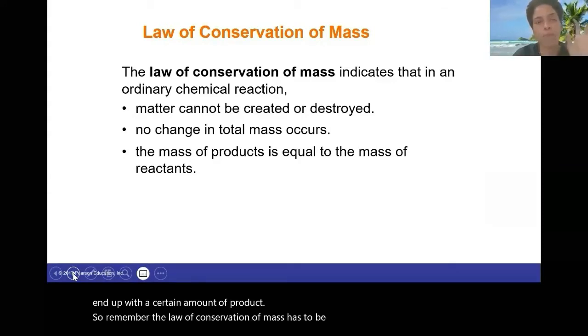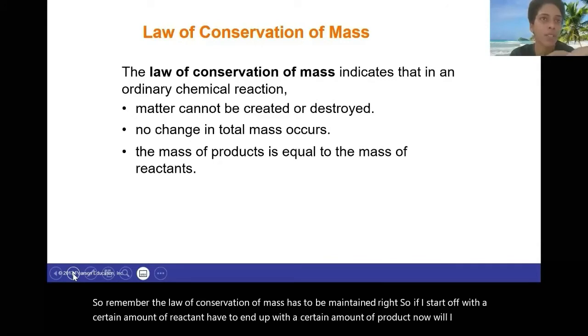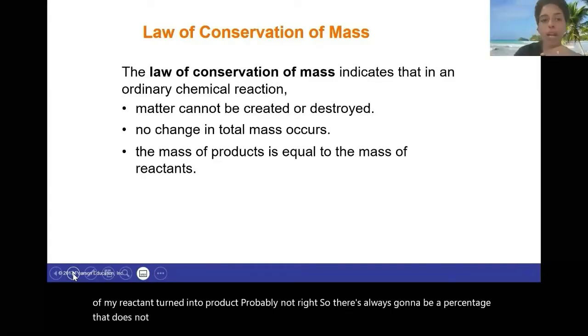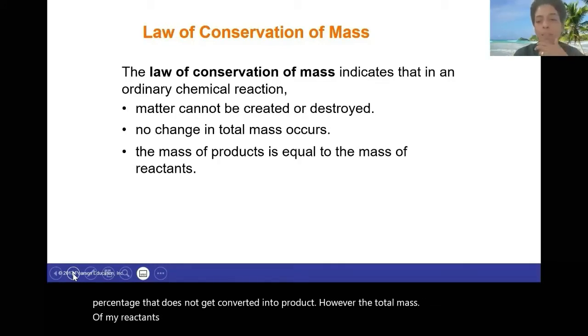So if I start off with a certain amount of reactant, I have to end up with a certain amount of product. Now, will I have all of my reactant turned into product? Probably not, right? So there's always going to be a percentage that does not get converted into product. However, the total mass of my reactants must equal the total mass of my products.